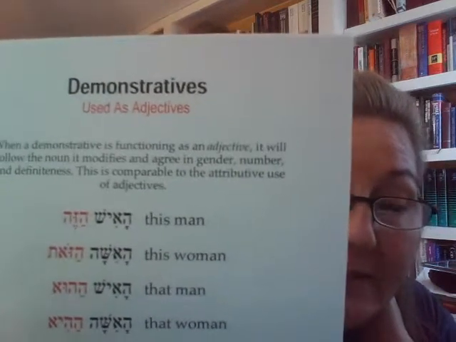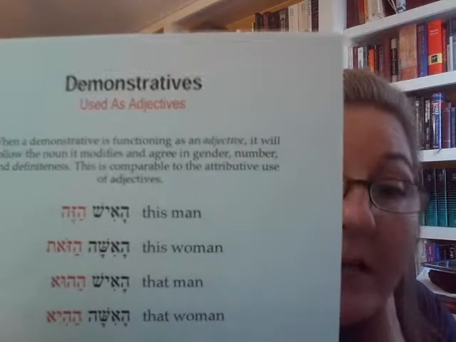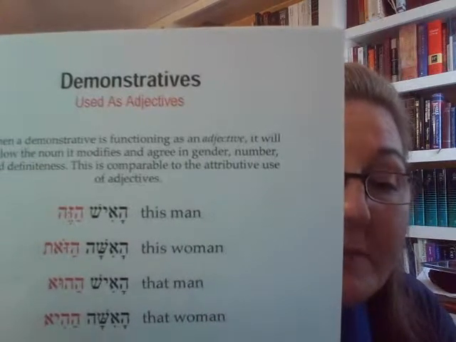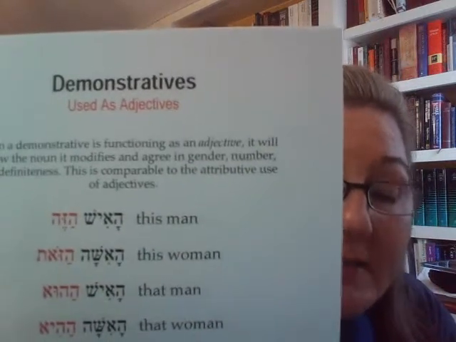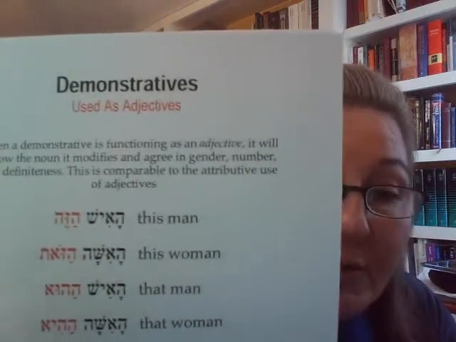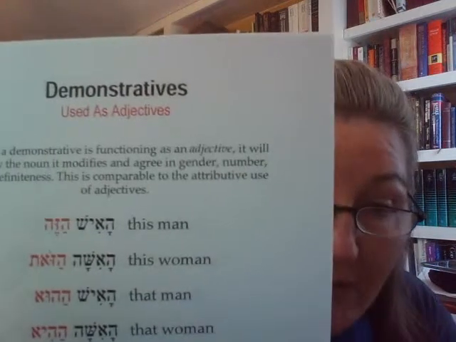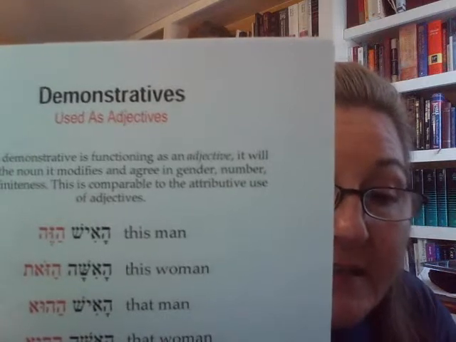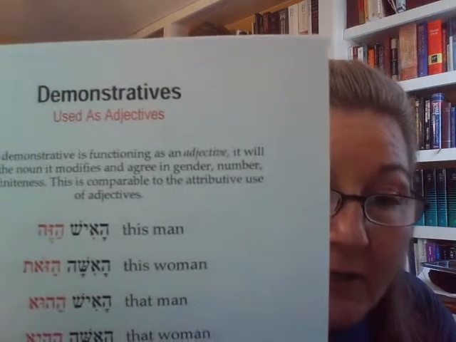The reason that the definite article the is there is so that we can understand that this is a demonstrative that's being used as an adjective, because in Hebrew it has to agree in gender, they're both masculine, in number, they're both singular, and in definiteness, and they both have the definite article attached.